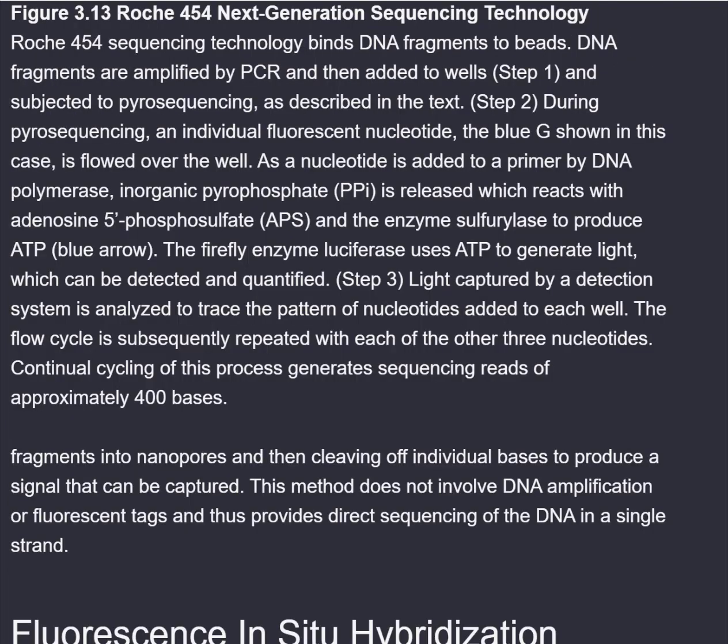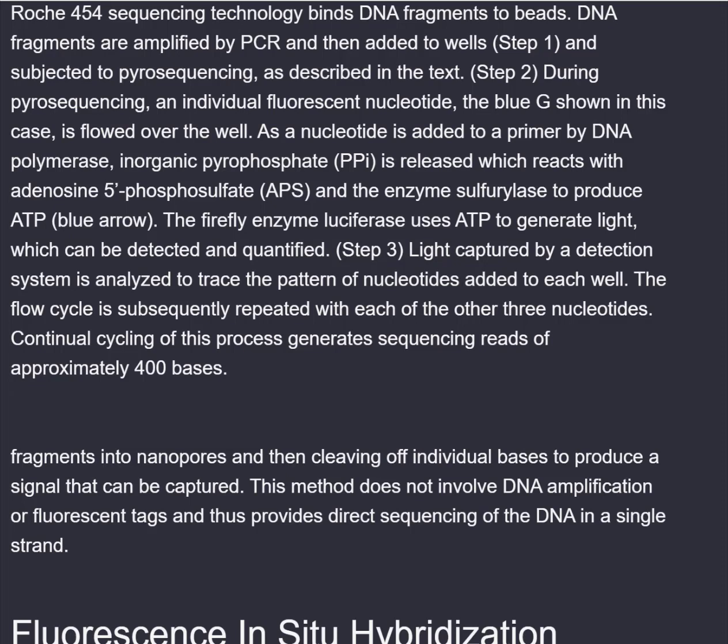Figure 3.13 Roche 454 Next-Generation Sequencing Technology. Roche 454 sequencing technology binds DNA fragments to beads. DNA fragments are amplified by PCR and then added to wells, step 1, and subjected to pyrosequencing, as described in the text.